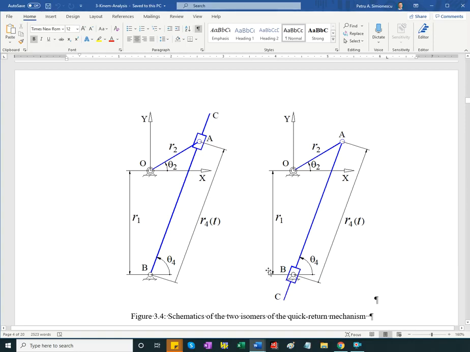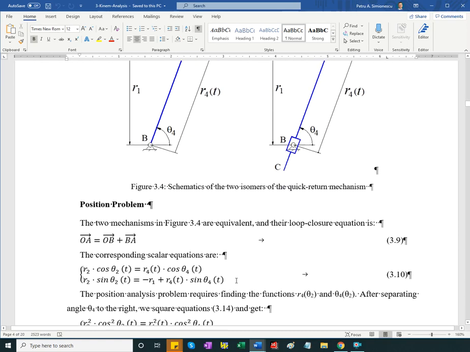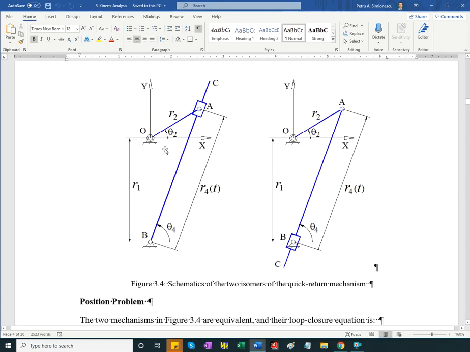So this moves on an arc of a circle. This also moves up as well as rotates.